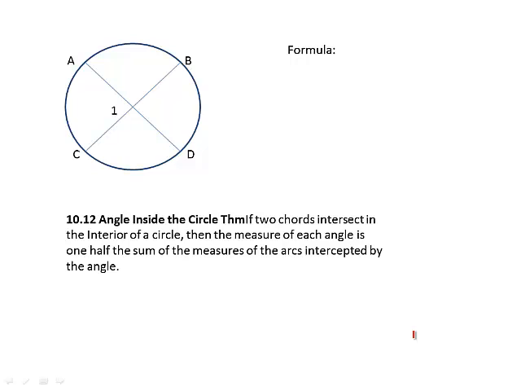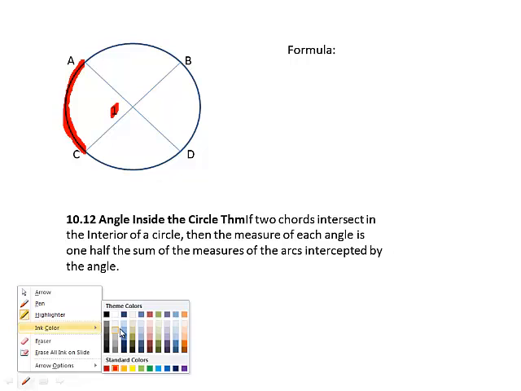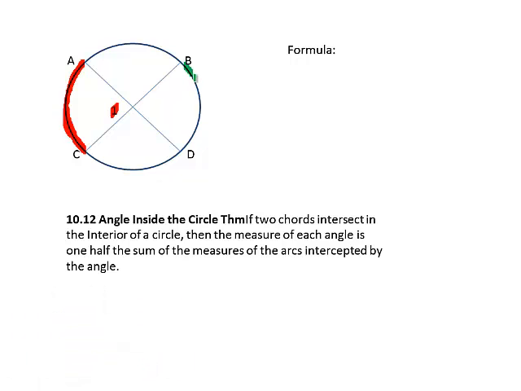So if I have my interior angle here that I'm given, I take this intercepted arc, which is one of the intercepted arcs by the two chords, and then I take the other intercepted arc, which is BD. If I sum those two together and times it by 1/2, it will give me the measure of angle 1, which is created.